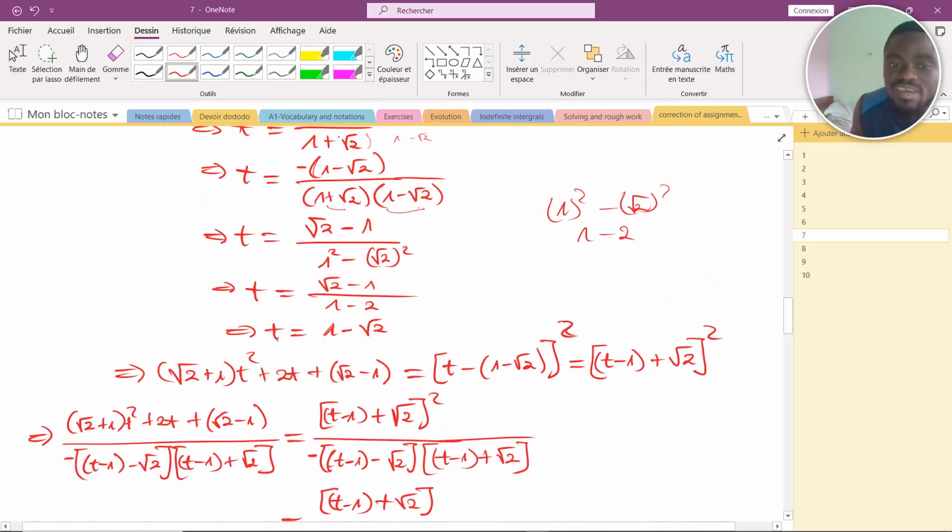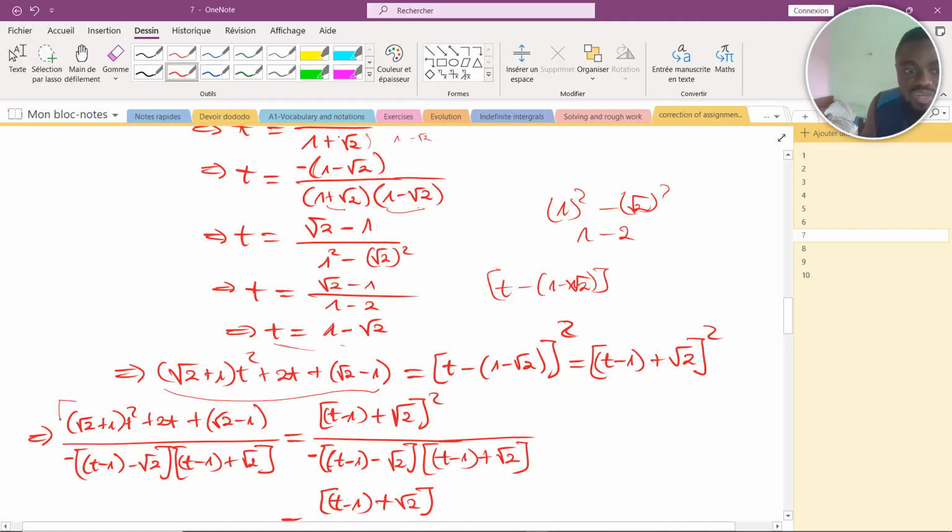We know that the root is a repeated root. So this quadratic expression must be equal to, the factor will be t minus 1 minus root 2. That's the factor, naturally. Since it is a repeated root, the factor will be repeated, so I'll have this all squared. This minus will enter here. I'll have t minus 1, and this minus will affect this root 2, so I'll have plus root 2.